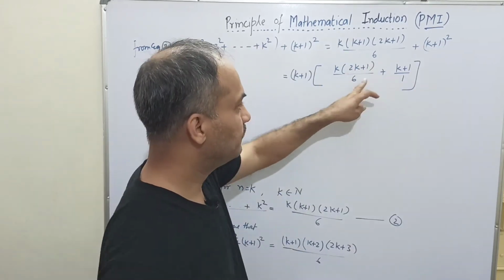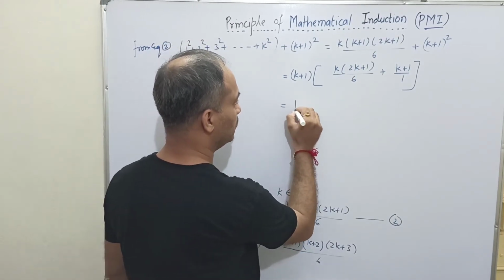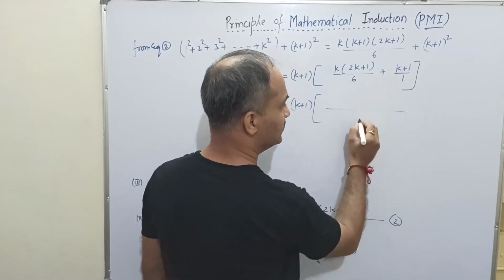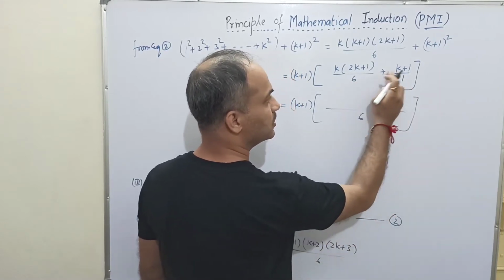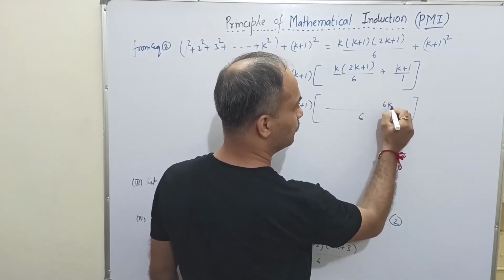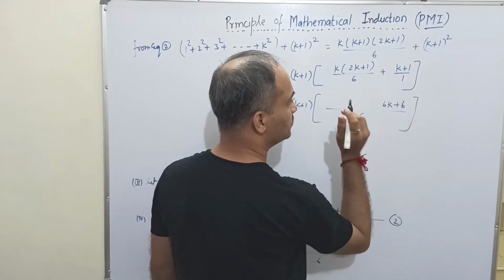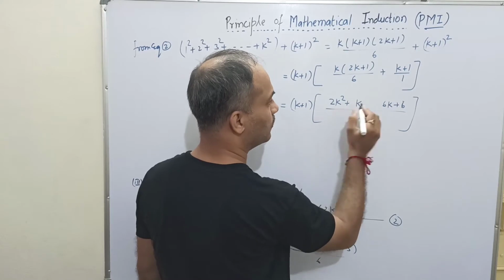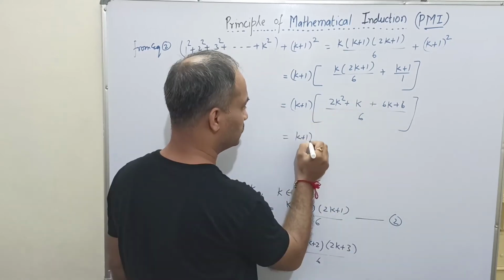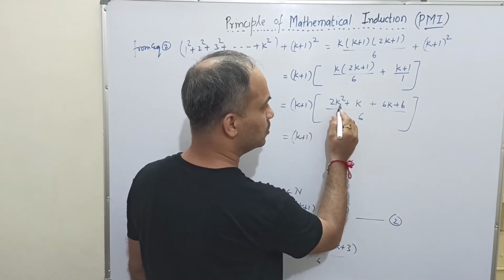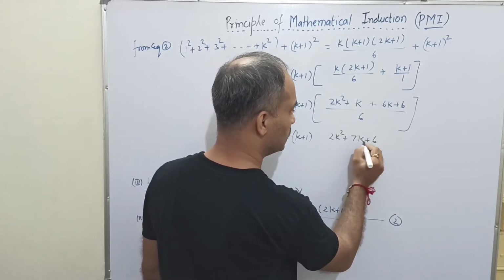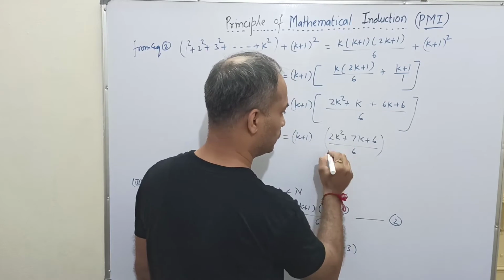Now we have to simplify this. Let us take LCM 6. So 6 into this, it means 6k plus 6. Here it becomes 2k square plus k, and this becomes 2k square plus 7k plus 6 whole upon 6.